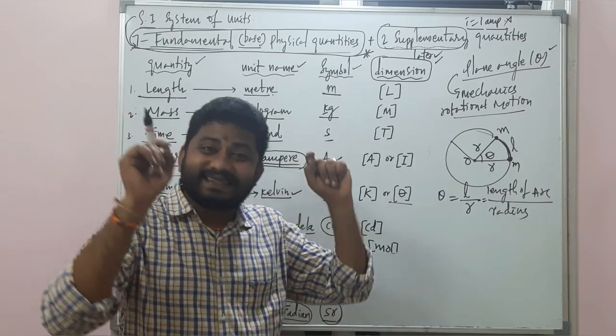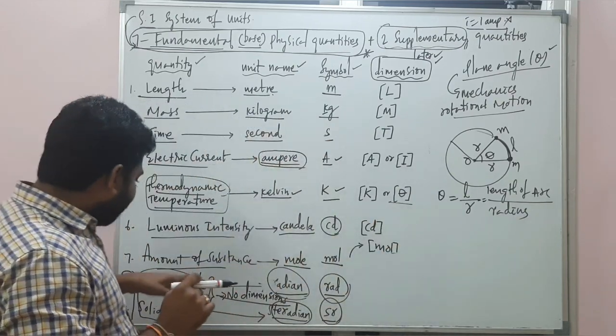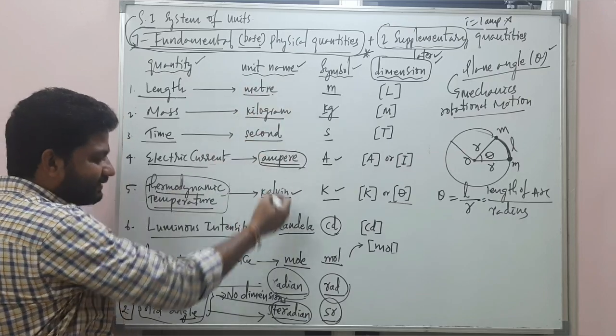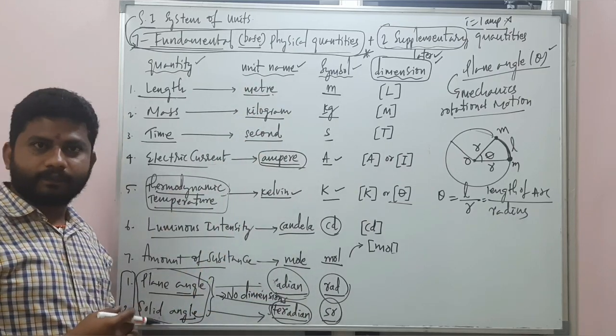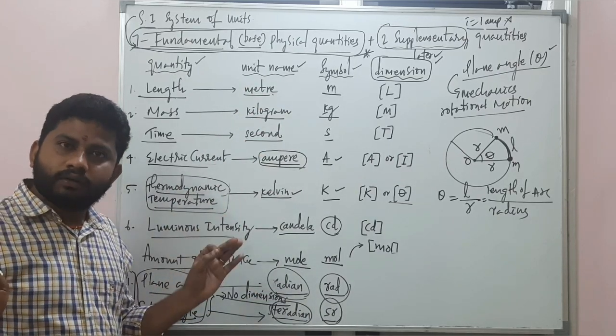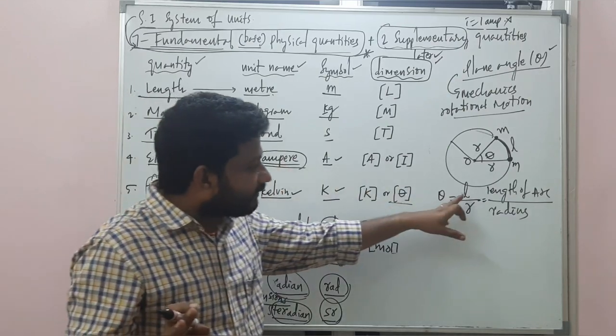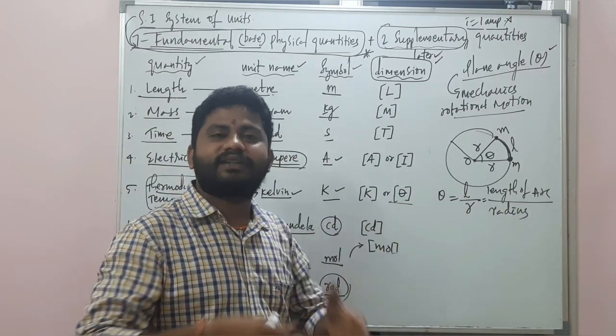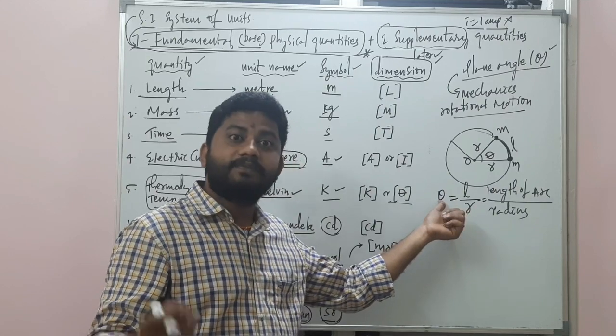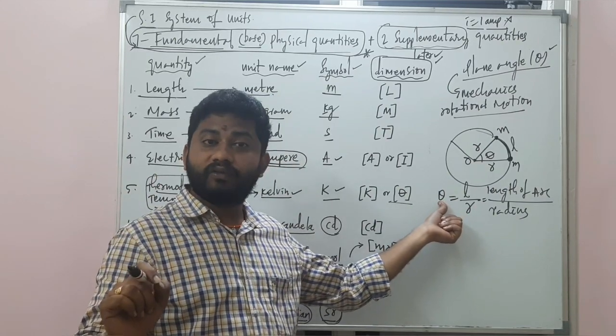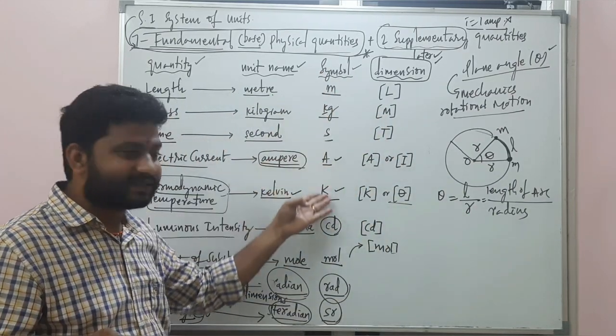Right? As this is a supplementary quantity, it has just the unit name. Alright? In reality, when it comes here, meter by meter is cancelled and no unit is observed here in terms of fundamental quantities.